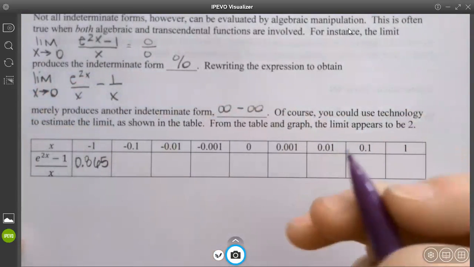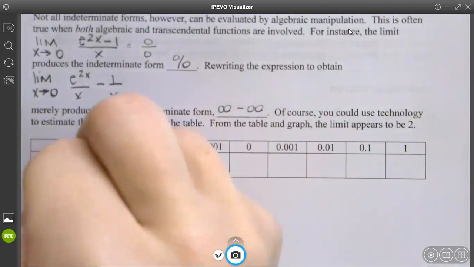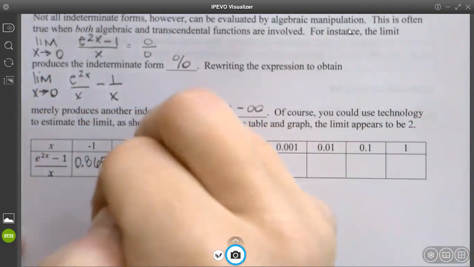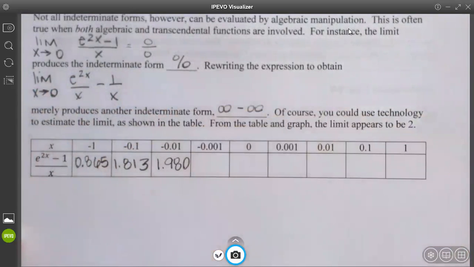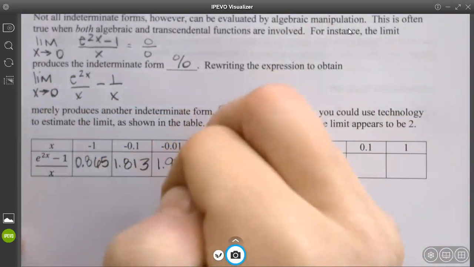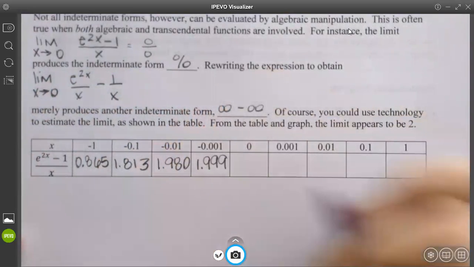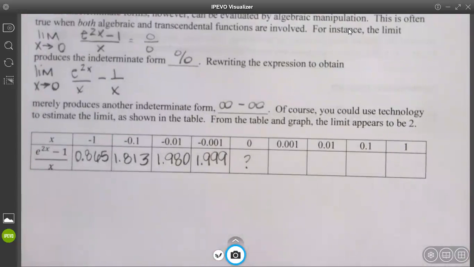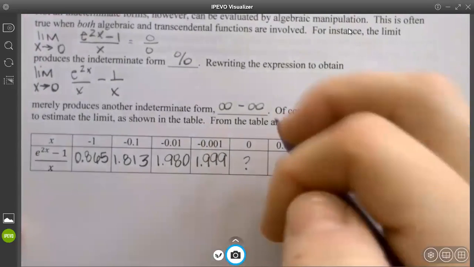And then you get 1.813. And then you get 1.980. 1.999. And again, we're looking for what happens as we approach 0. So that's the number that we're looking for.